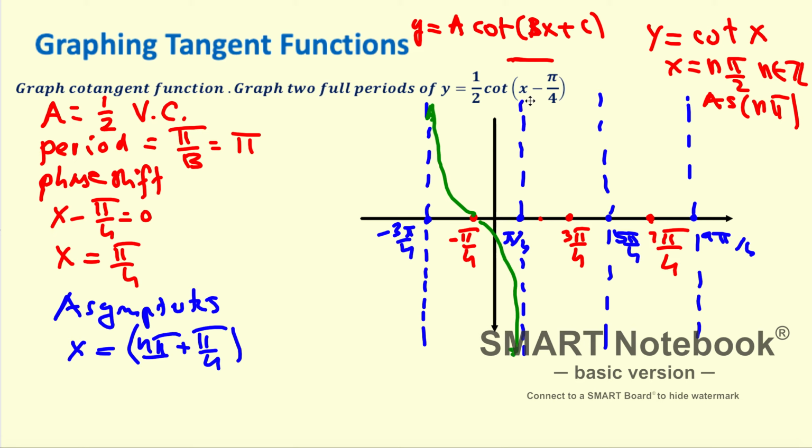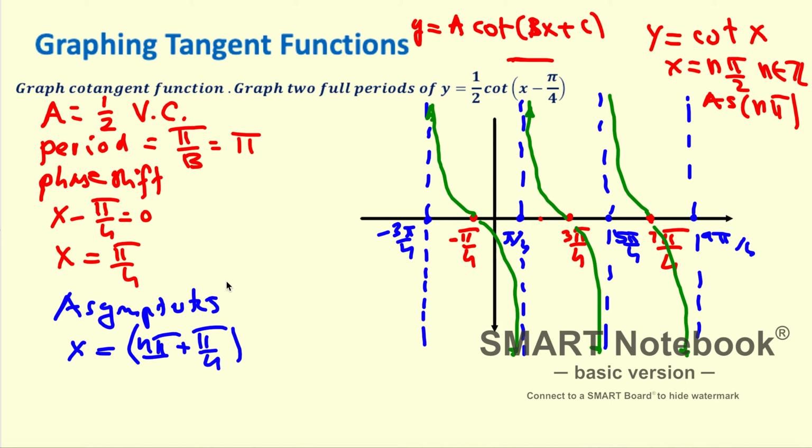This period is going to repeat, so this is the second period. So I already have 2 periods, but let me draw a third period too. This can be repeated all throughout the x-axis because this is a periodic function that goes from minus infinity to infinity. We were interested in just 2 full periods, but in fact we have 3.